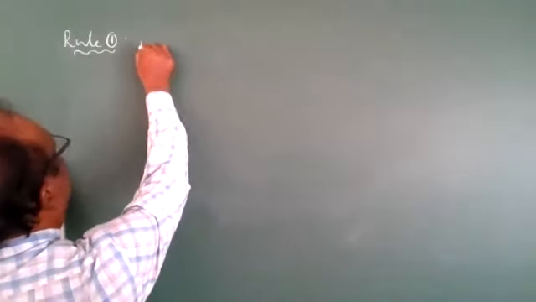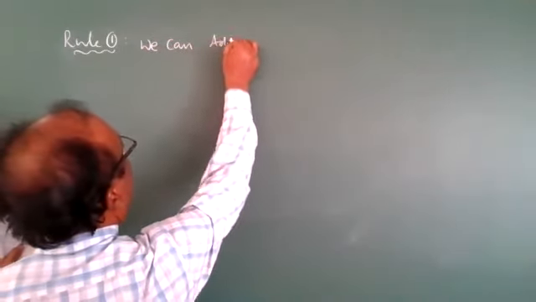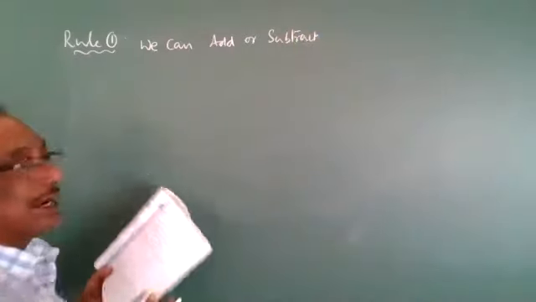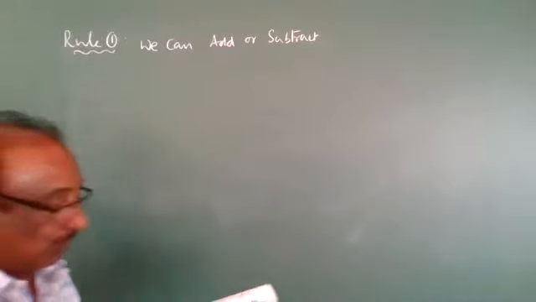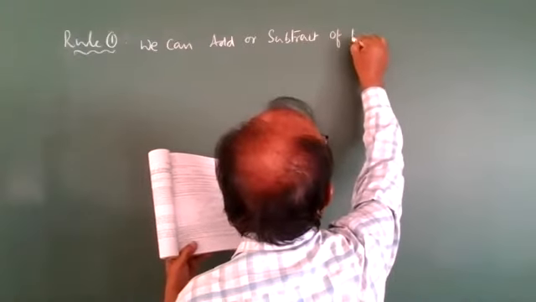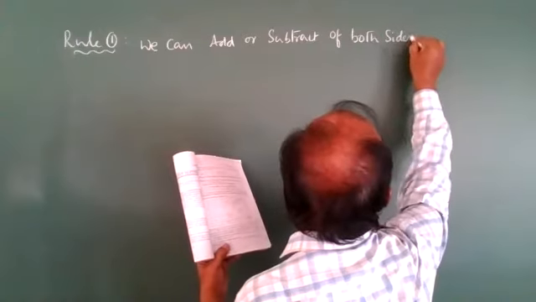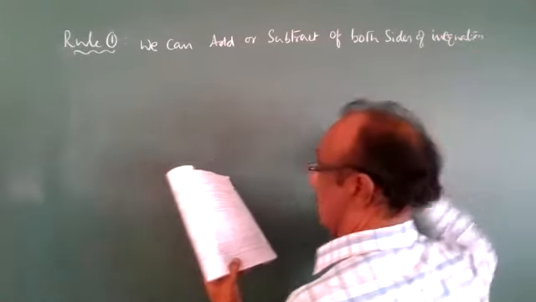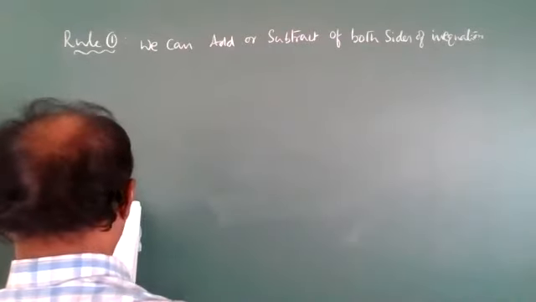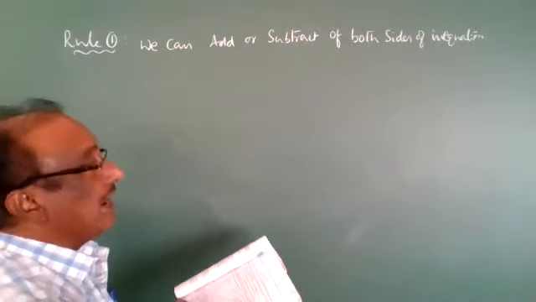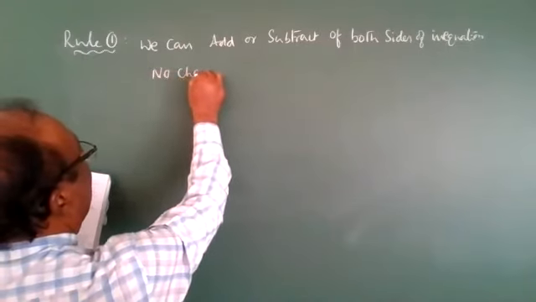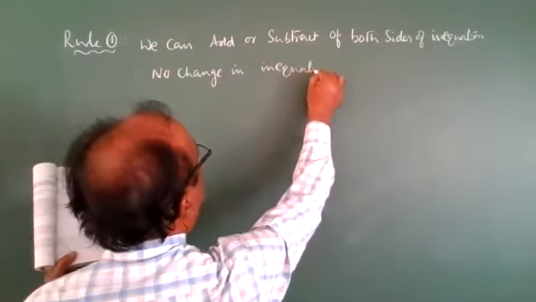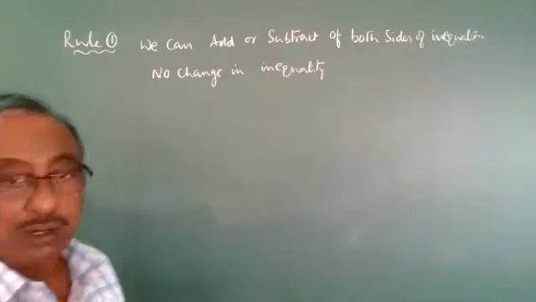We can add or subtract from both sides of an inequality, and there is no change in the inequality. This is rule number one.